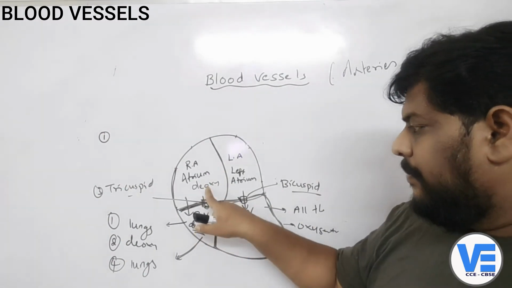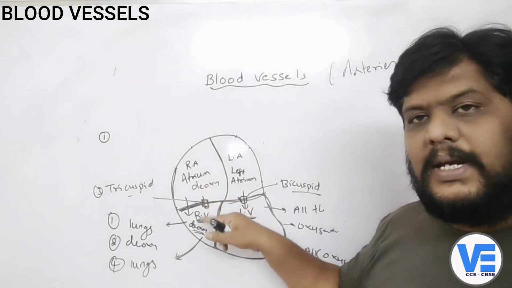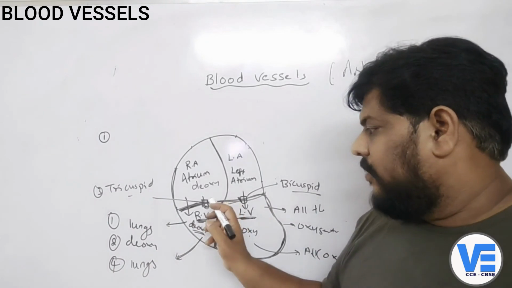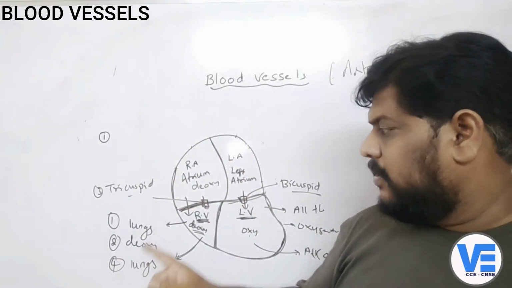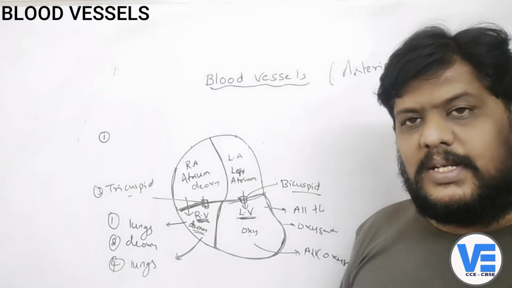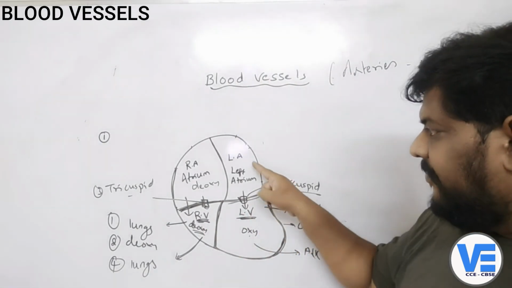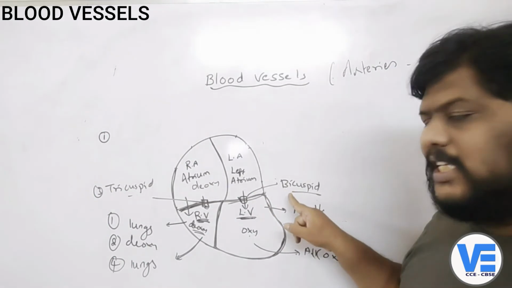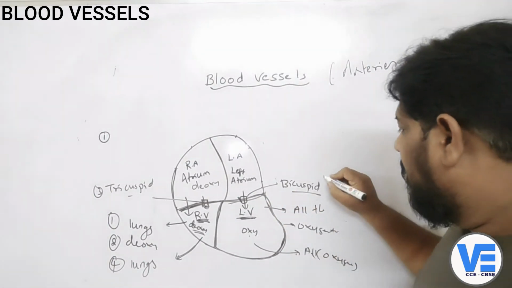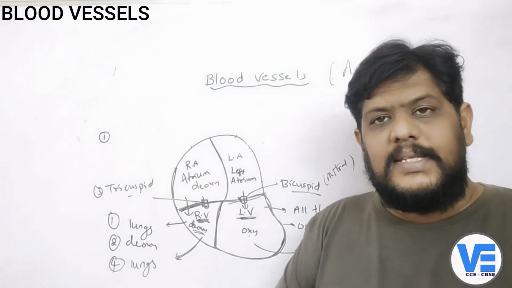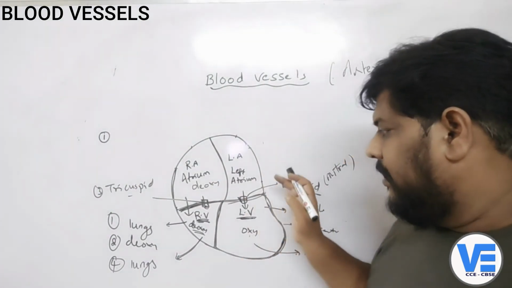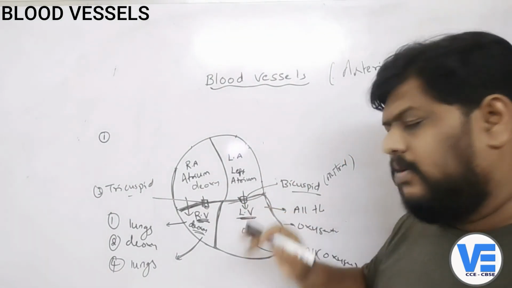And here the blood comes through the tricuspid. It is guarded by the tricuspid valve. So the tricuspid valve opens and allows the blood to flow into the right ventricle, whereas between the left auricle and the left ventricle, the bicuspid valve, which is also known as the mitral valve, will help in bringing the blood to the left ventricle.